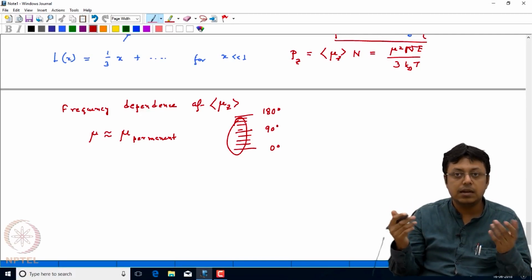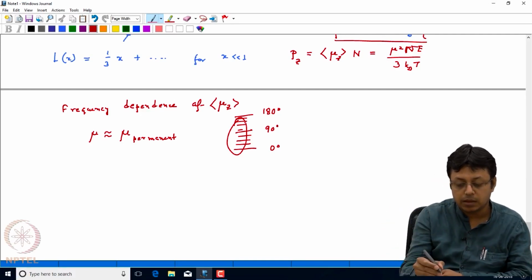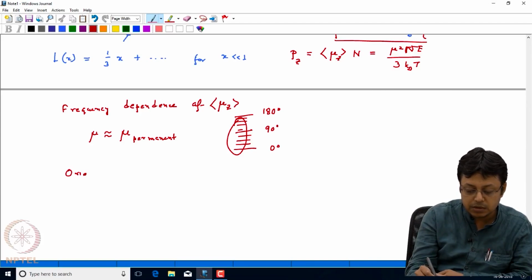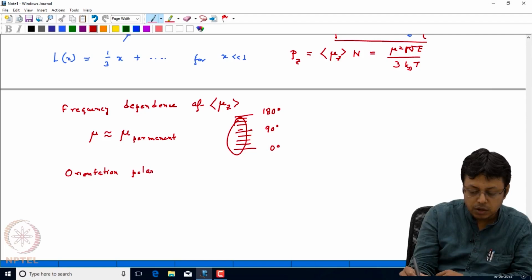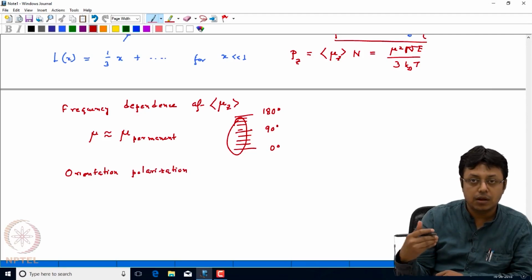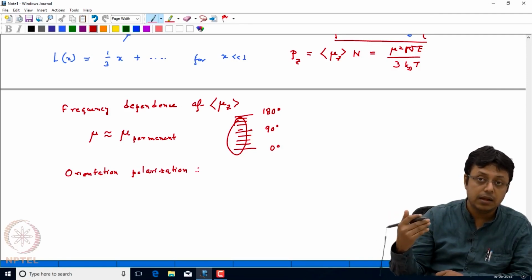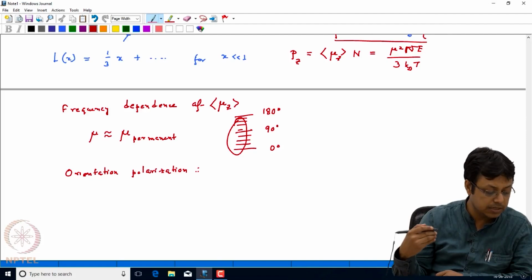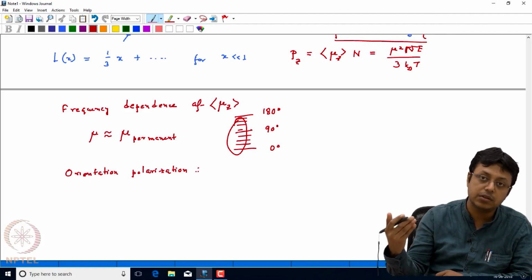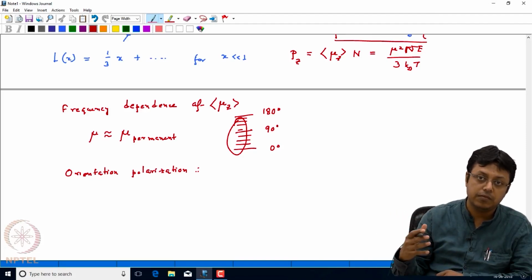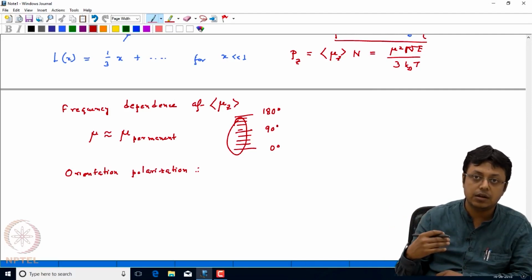So what I am saying here is that the orientation polarization, which comes from the permanent dipole moment, will vanish if the electric field frequency is on the order of the microwave range or higher, since the rotational time scales are much slower than the electric field frequency.